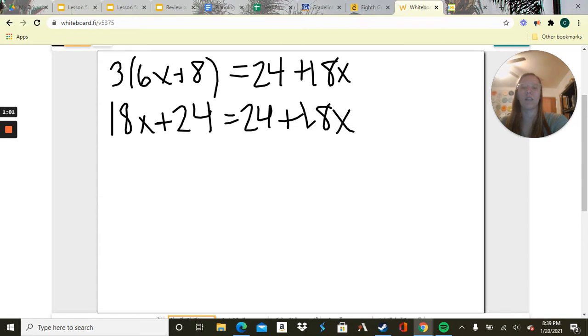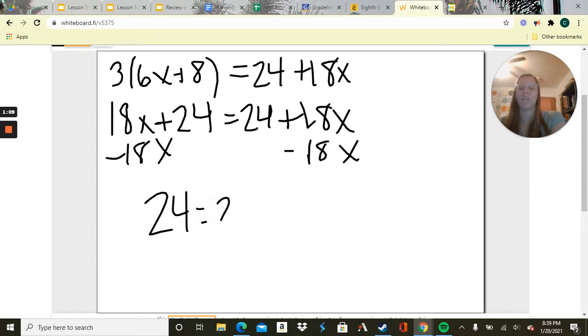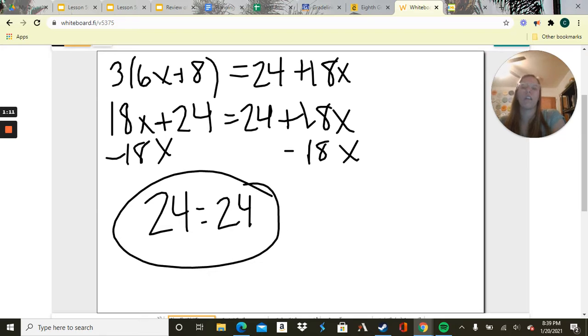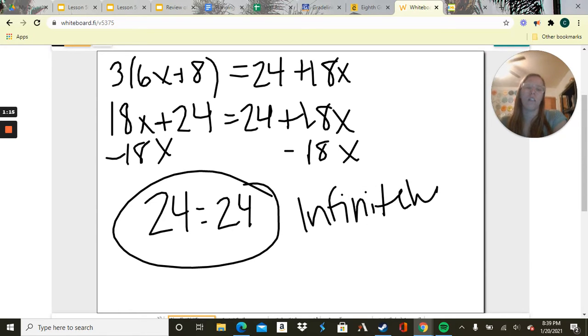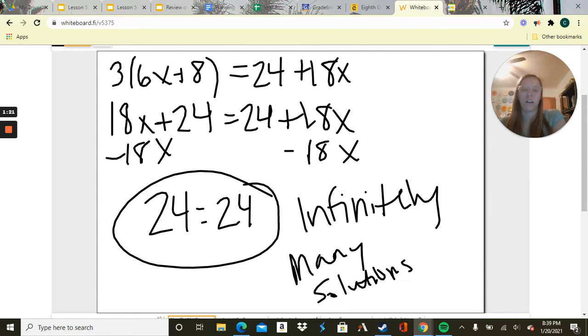Maybe you already recognize what's going to happen. We're going to subtract 18x on both sides. And we are left with 24 equals 24. Therefore, this has infinitely many solutions. And we actually can abbreviate this. A lot of times they just write IMS, infinitely many solutions.